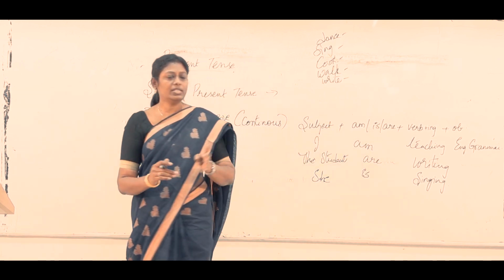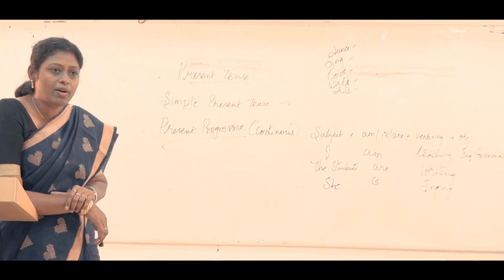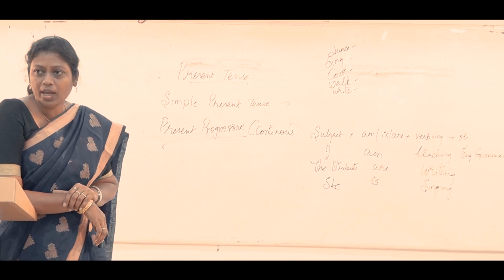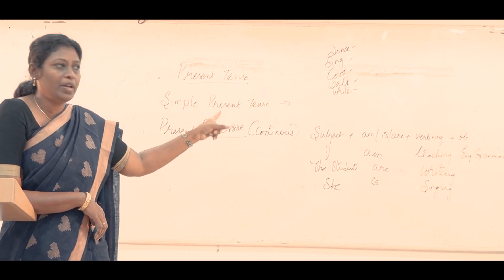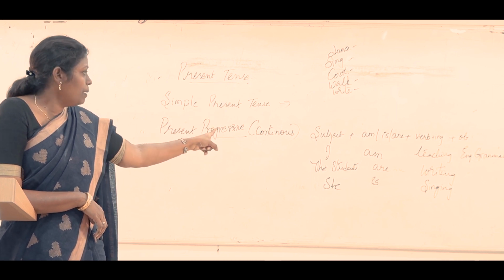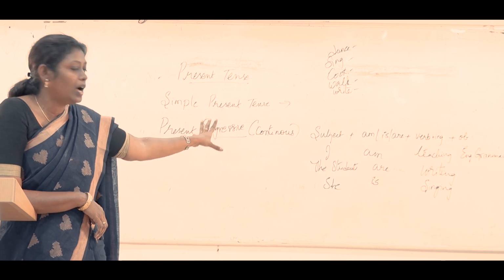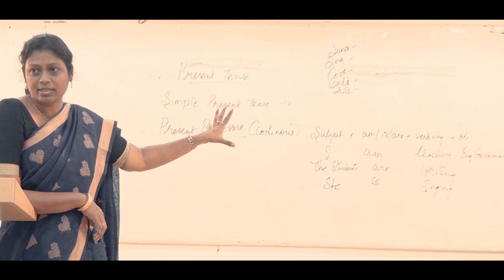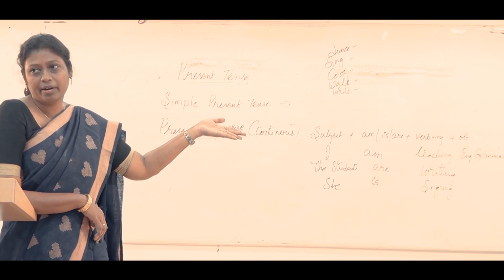So present progressive tense is used to talk about actions which are going on at the time of speaking. One thing we need to remember is that we use the helping verb or auxiliary verb. The helping verbs used in present progressive are am and is. When it comes to the plural, it is are.